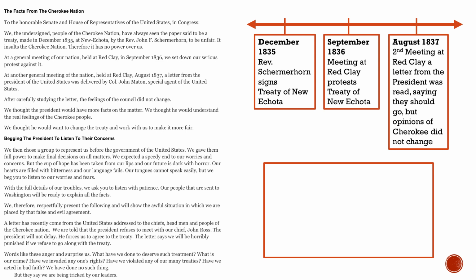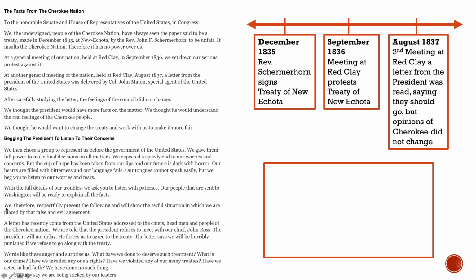The letter says that we will be horribly punished if we refuse to go along with the treaty. Words like these anger and surprise us. What have we done to deserve such treatment? What is our crime? Have we invaded anyone's rights? Have we violated any of our many treaties? Have we acted in bad faith? We have done no such thing. But they say we are being tricked by our leaders.